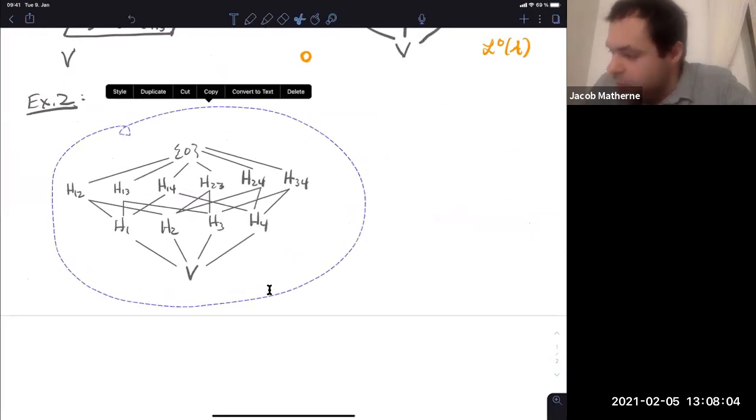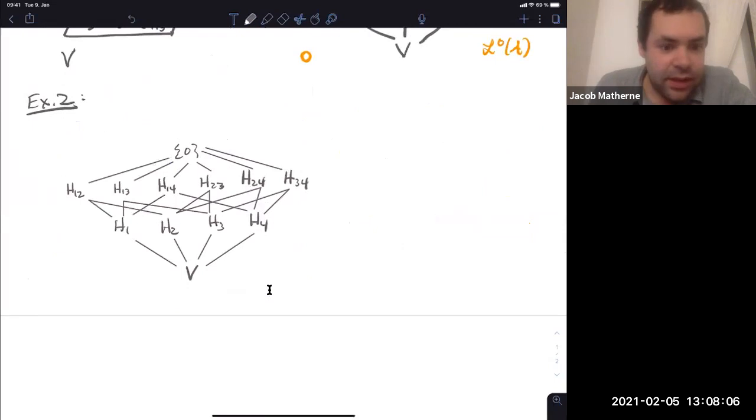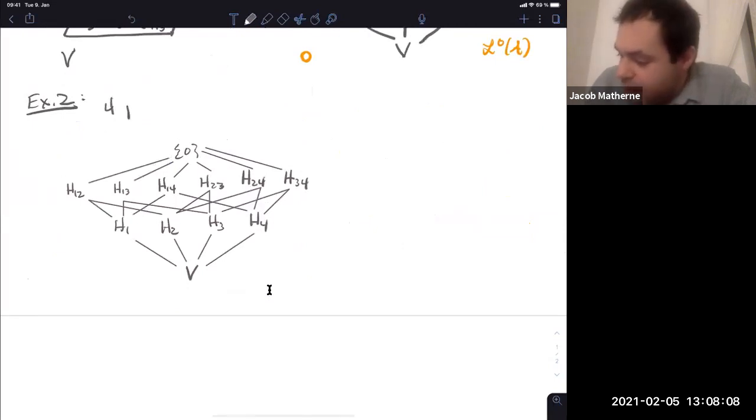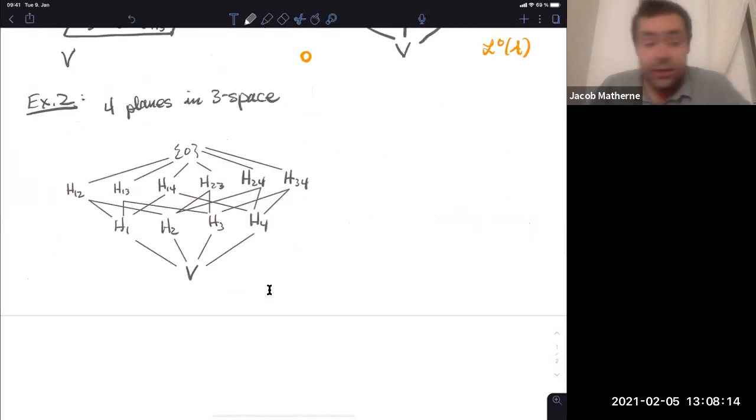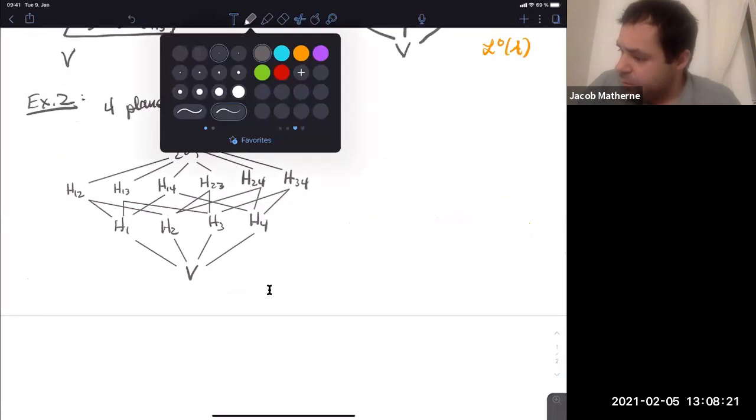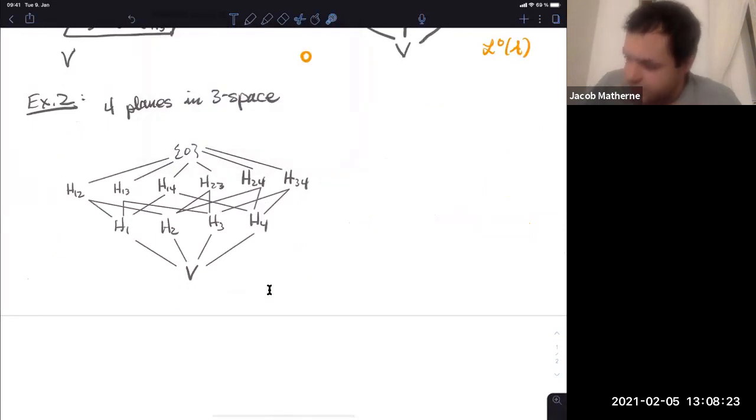So here is a lattice of flats, and this is what I get when I have 4 planes in 3-space, with the property again that the intersection of these 4 planes is the origin. Let me explain. So here's the 3-dimensional vector space, and I have my 4 planes, and if I intersect 2 of the planes, say H1 and H2, I get this line, which I write H12.